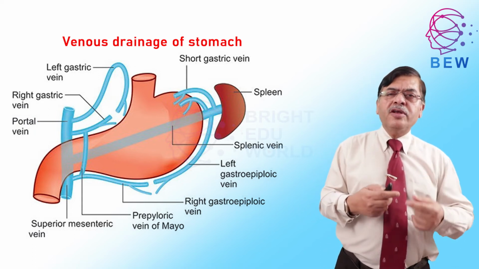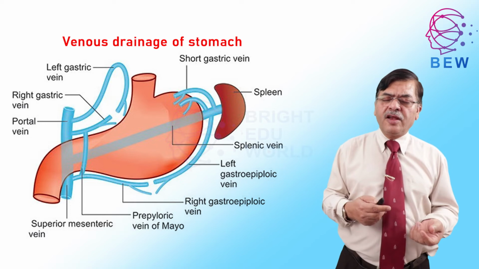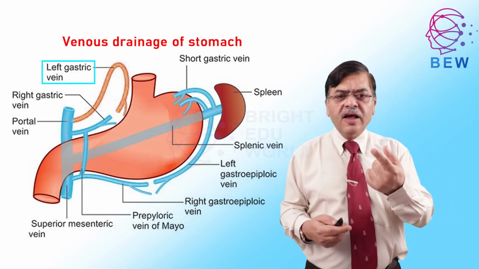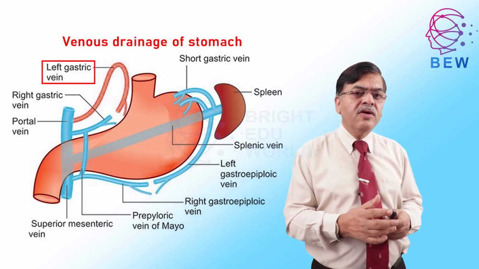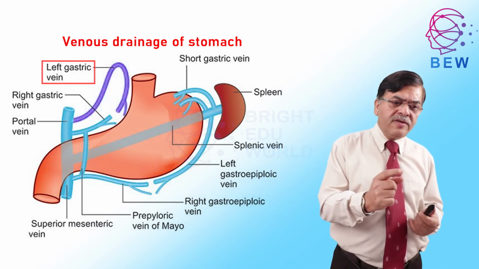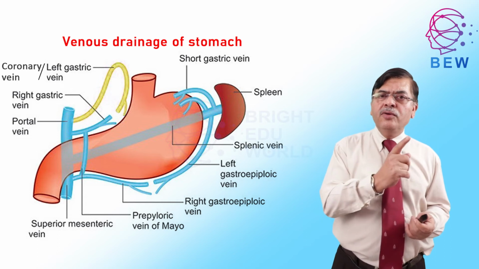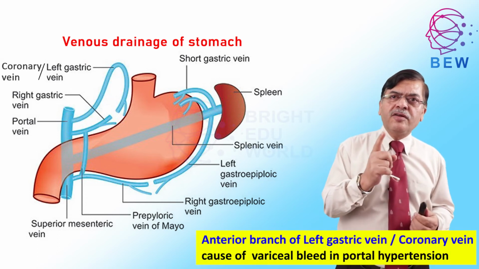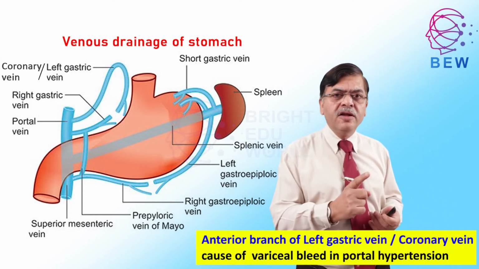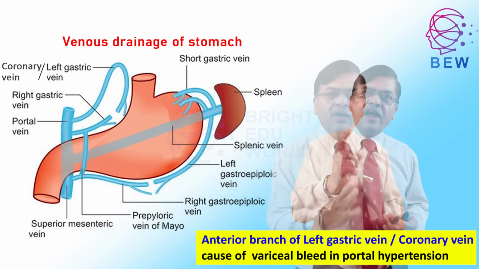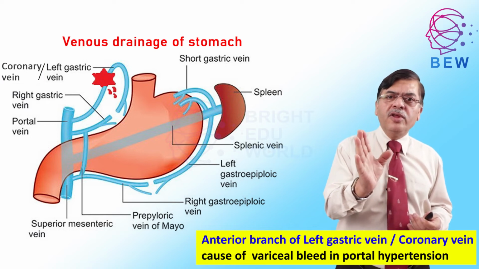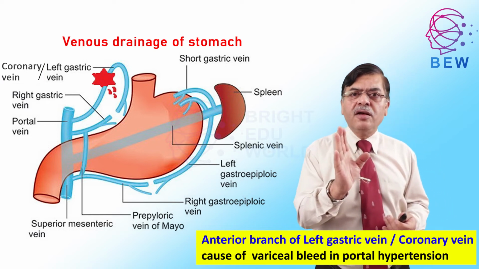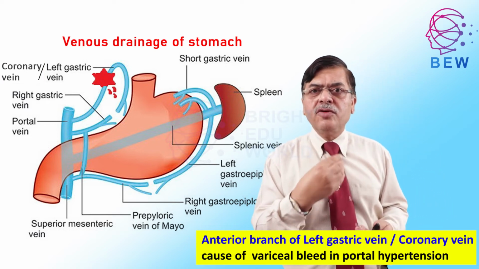The most important part of this venous drainage is the left gastric vein, anterior branch of the left gastric vein, which is also called the coronary vein. I told you, during portal hypertension or variceal bleed in portal hypertension, this coronary vein is the one which causes the maximum bleed during variceal bleed in the gastroesophageal junction.